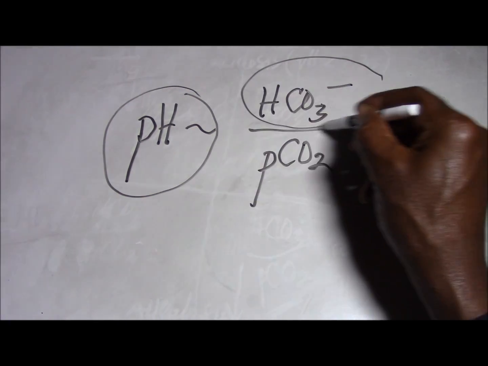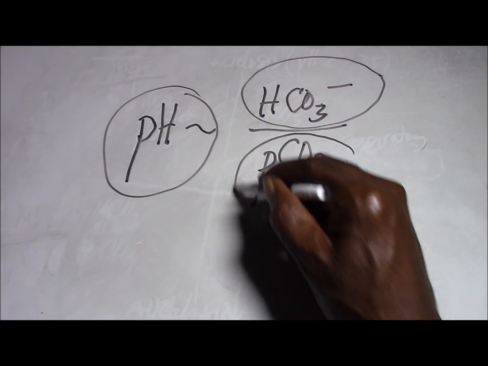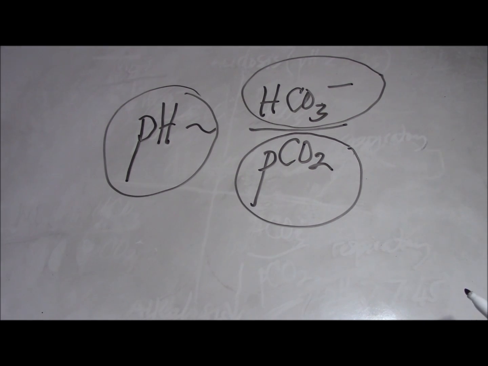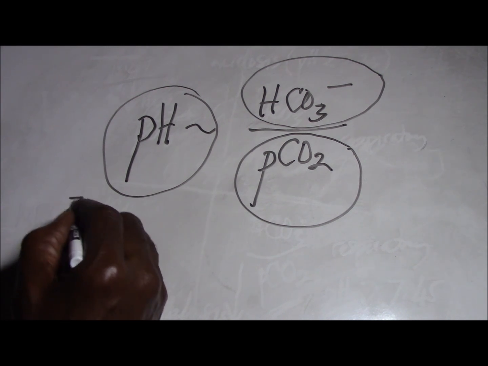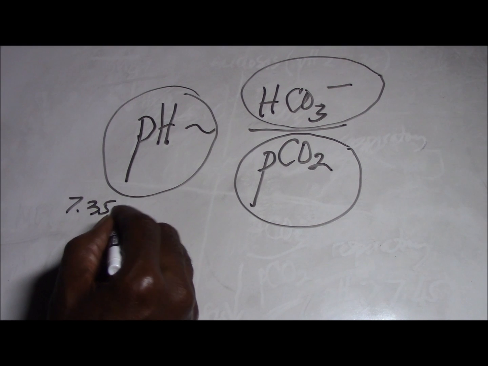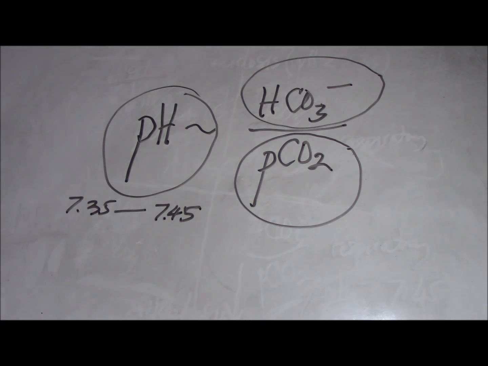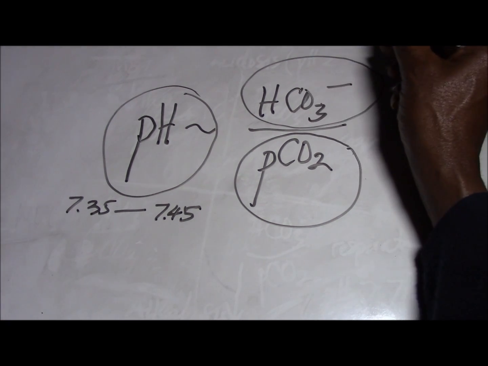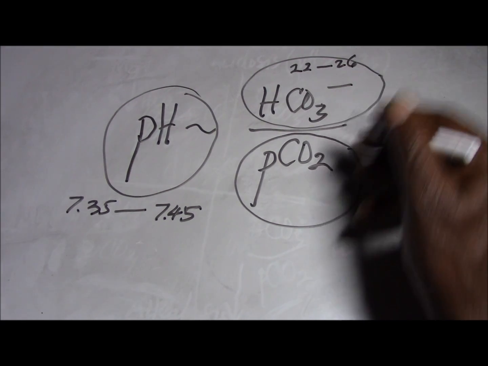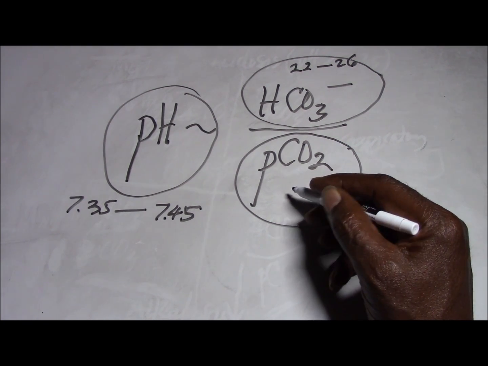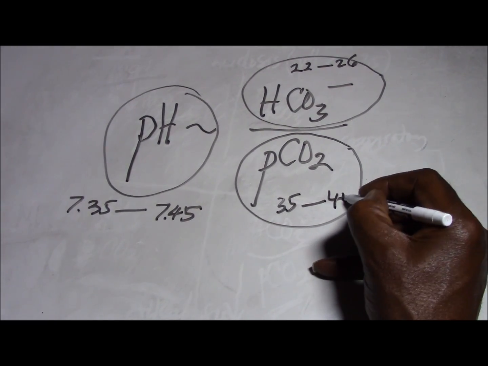You need to memorize the reference range of the bicarbonate, and you need to memorize the reference range of the partial carbon dioxide. And I said earlier, this one is 7.35 to 7.45. Okay? And then the bicarbonate is from 22 to 26. And then the partial pressure of carbon dioxide is from 35 to 45.